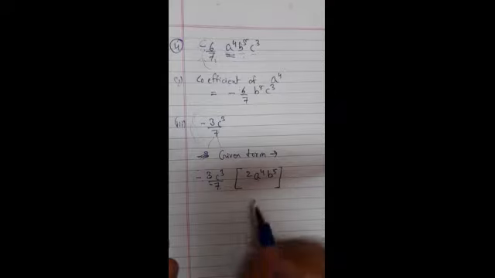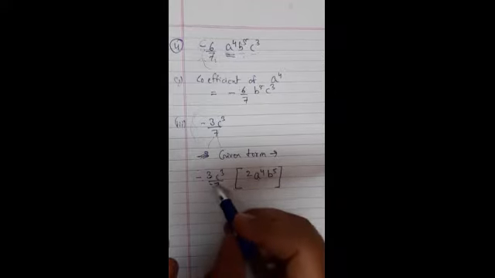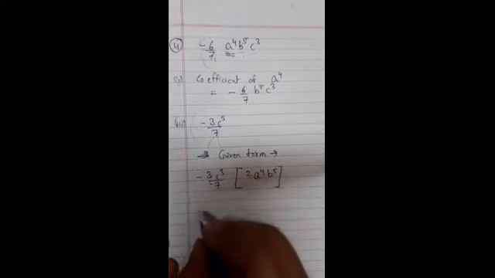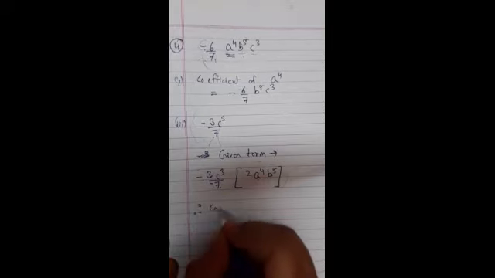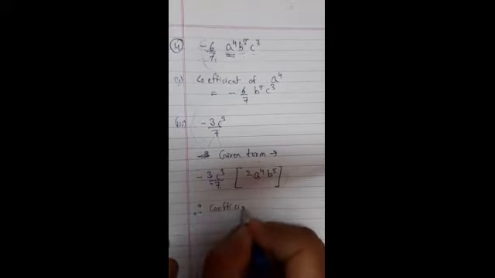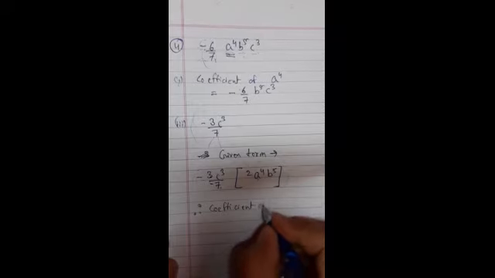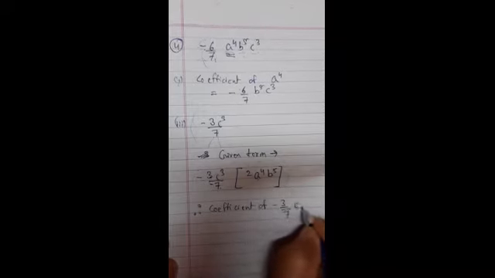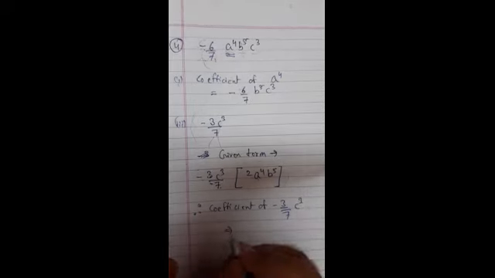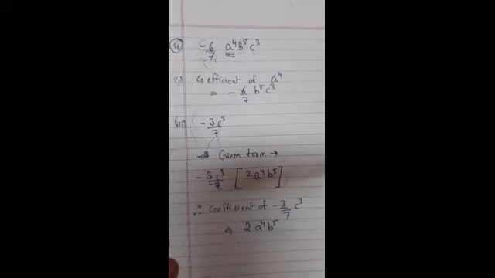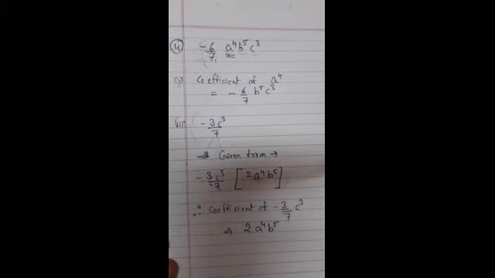So the coefficient would be the remaining thing other than the given thing. So therefore, the coefficient of minus 3 upon 7 c cube is equal to 2a to the power 4 b to the power 5. And similarly, you have to do the rest of the parts of this same question.